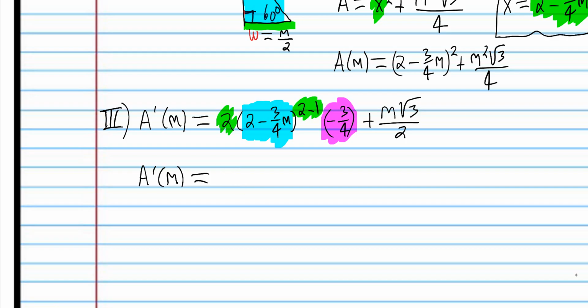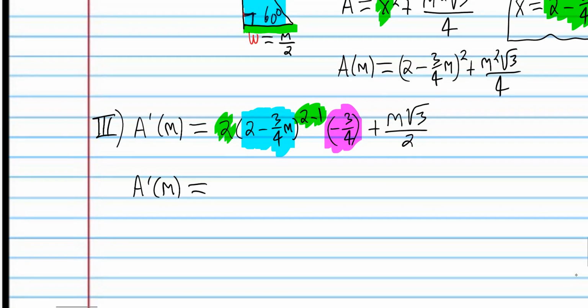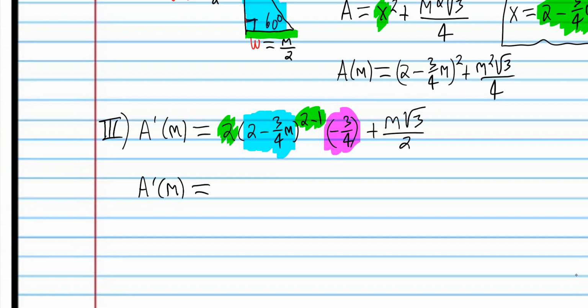So I'm going to multiply the purple negative 3/4 with the 2, and I get negative 3/2 times 2 minus 3/4 m.